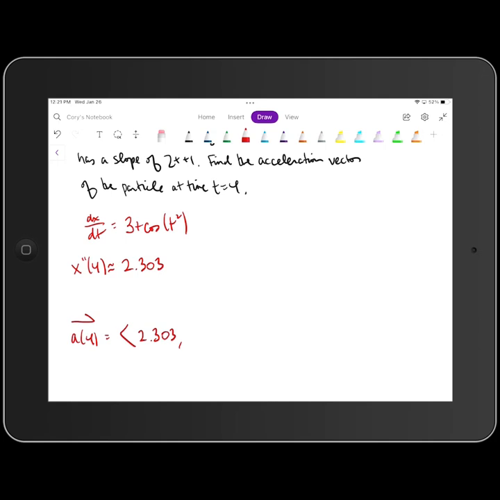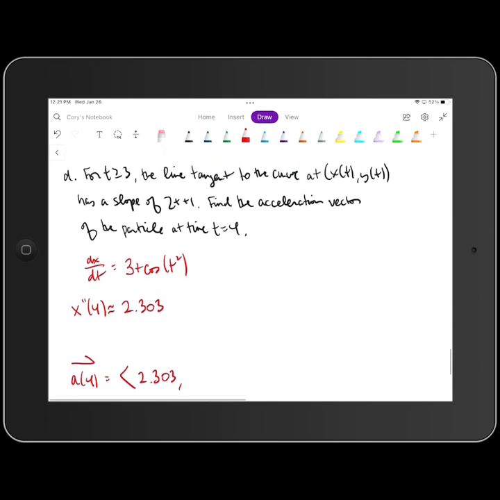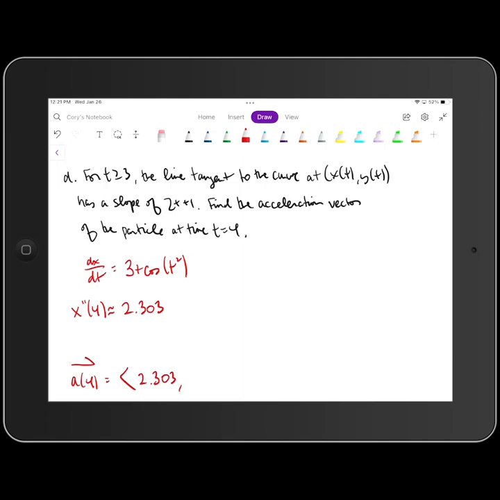Now, the problem for us is we're not explicitly told what dy dt is. But we actually have enough information to figure out what dy dt is going to be because we know that the slope is 2t plus 1. So that means that dy over dx is dy dt over dx dt.